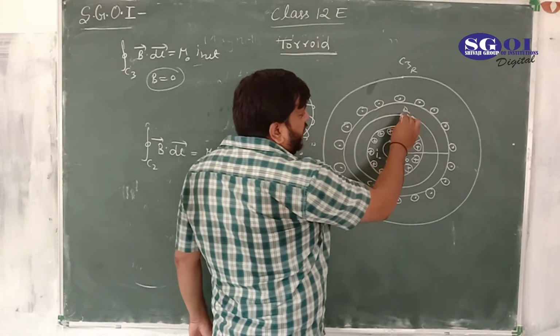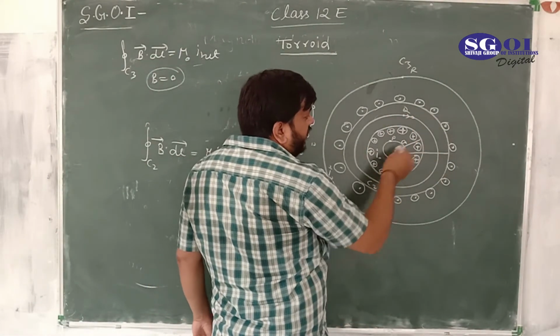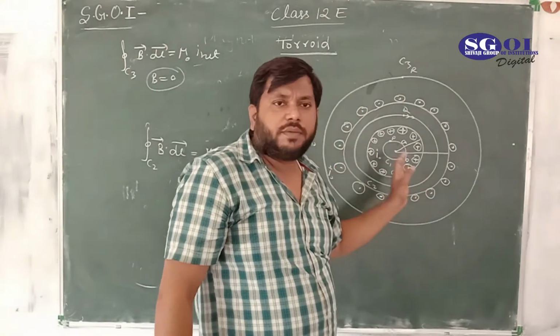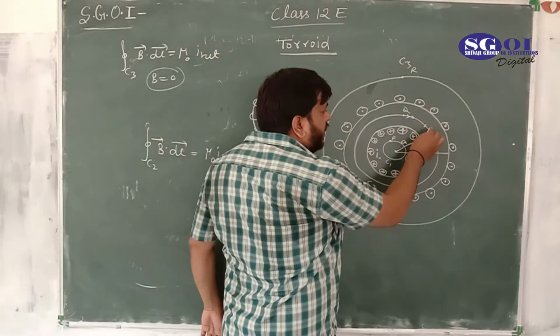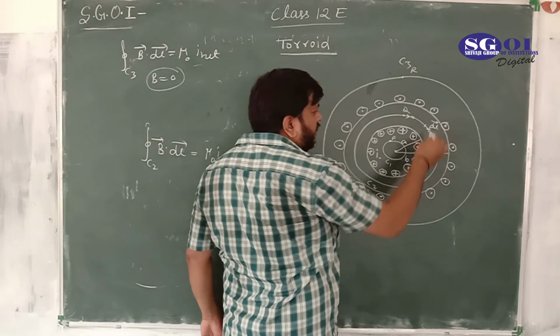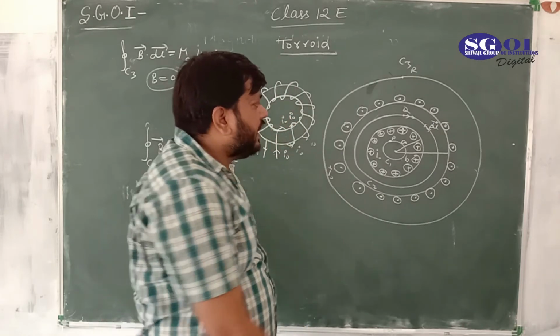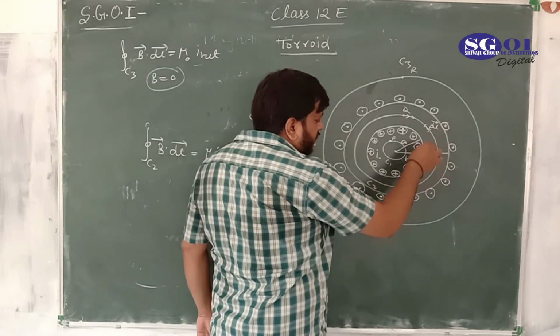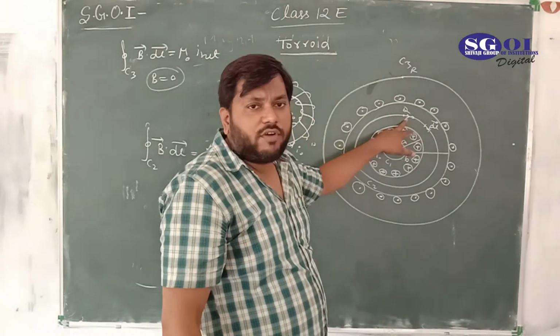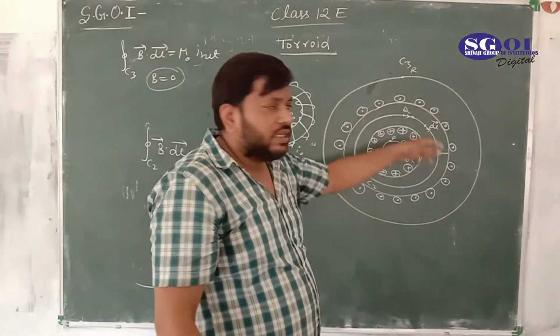As the direction of the magnetic field is radial, we would take the direction of the length element in the direction of the magnetic field. So the length element, not the current element. The length element here is in this way, clockwise, and the direction of the magnetic field we have already seen. It is also in this direction.